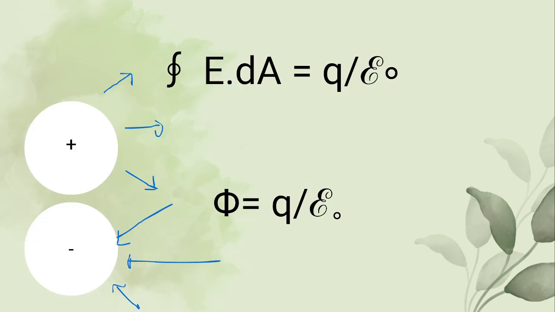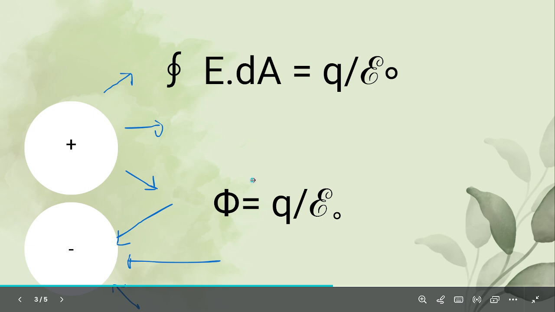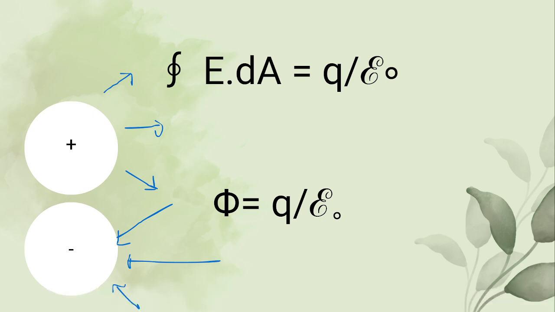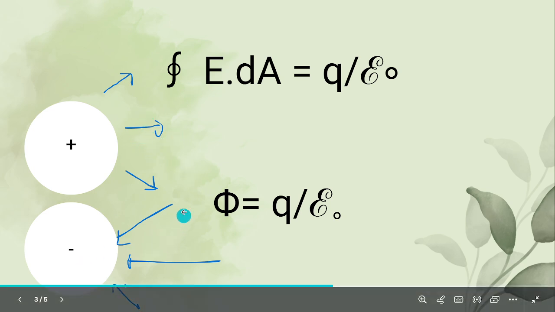Let's understand it this way. Electric field forces are not visible, but they are present, so we can represent them by arrows. From a positive charge, the electric field flows like this. In a negative charge, the electric field flows like this.